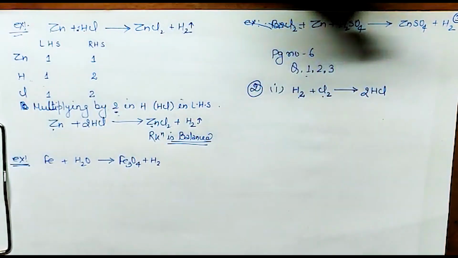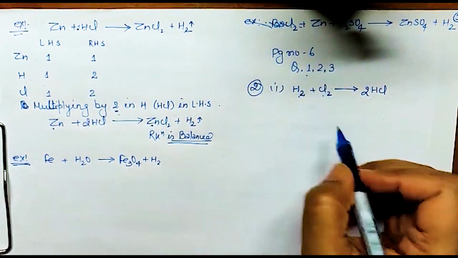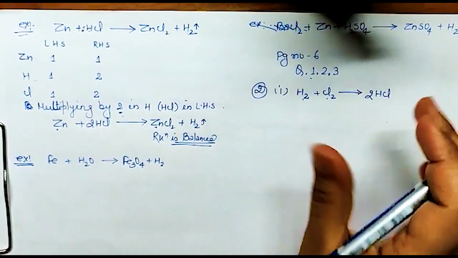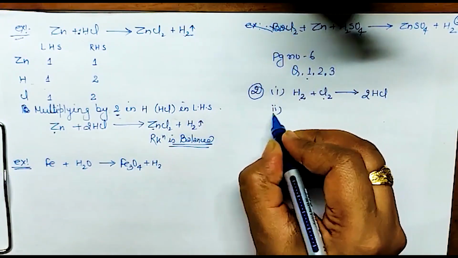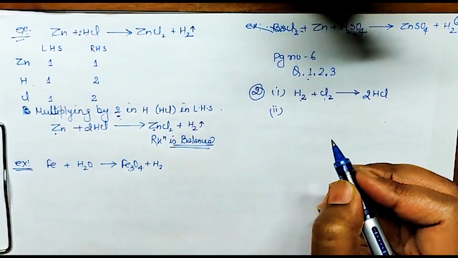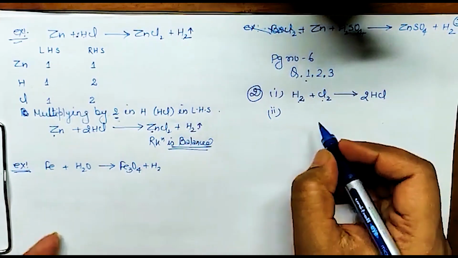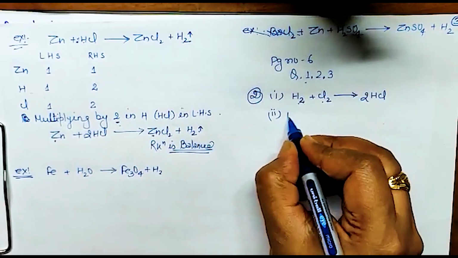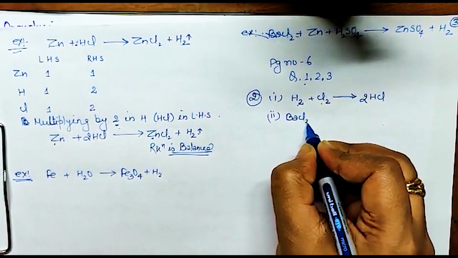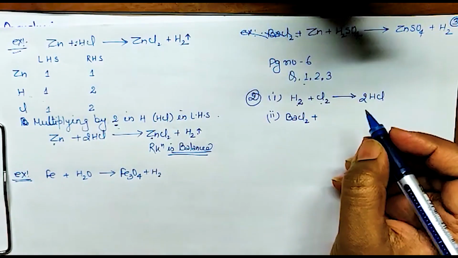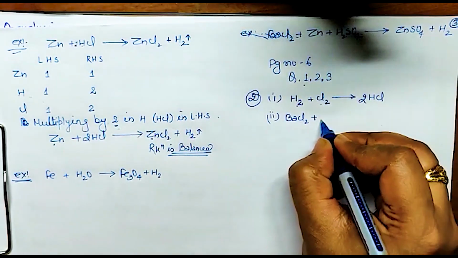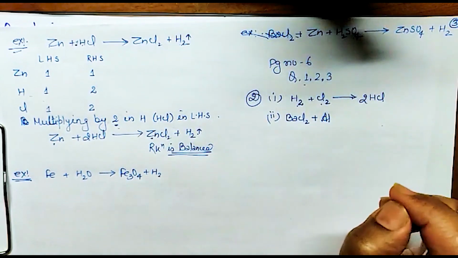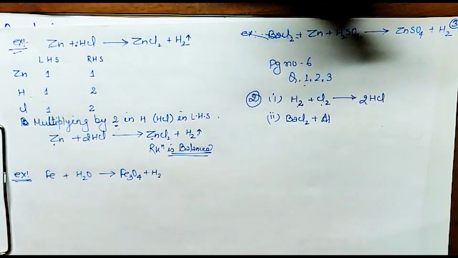Okay, class. Balancing you have to do stepwise. I'm just writing the answer. The second question is barium chloride plus aluminium sulfate. Barium chloride formula is BaCl2, plus aluminium sulfate. Aluminium is having 3+ charge, and sulfate is having 2-.